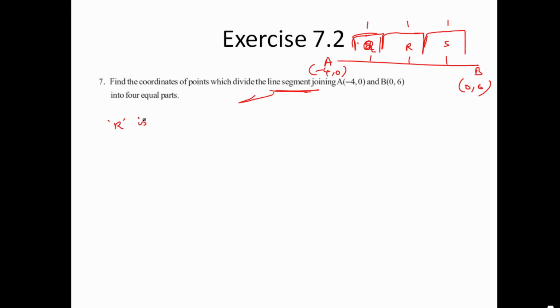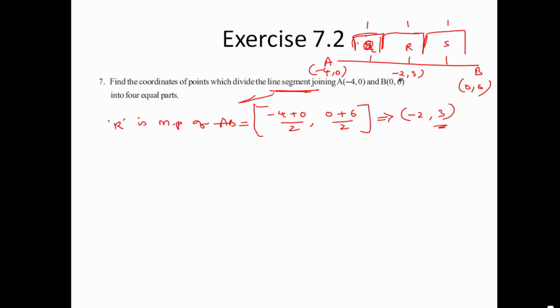R is your midpoint of AB. That is x1 plus x2 by 2, y1 plus y2 by 2. After this, the next step is what? Minus 2 comma 3 is the value of R, isn't it? So the value of R is minus 2 comma 3.